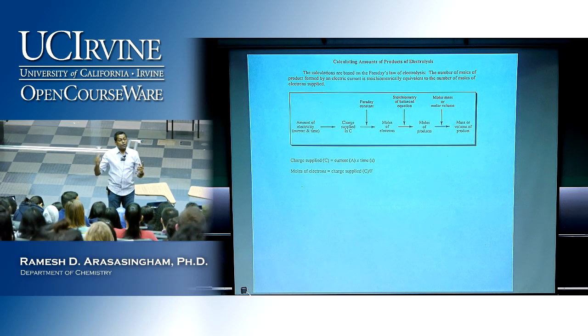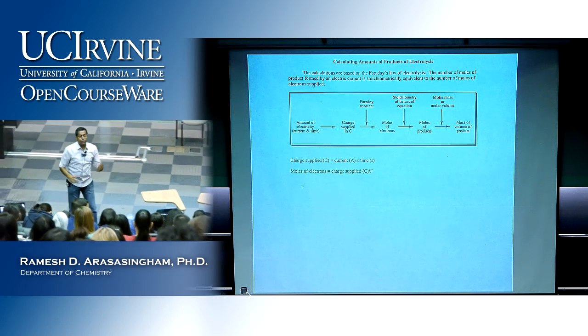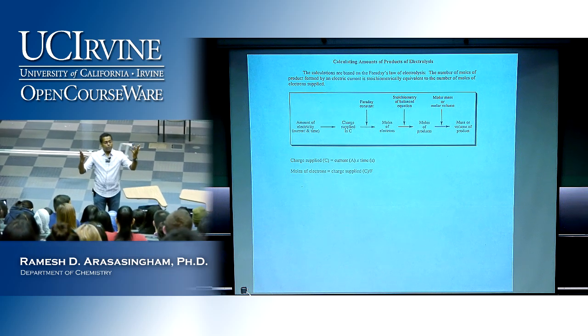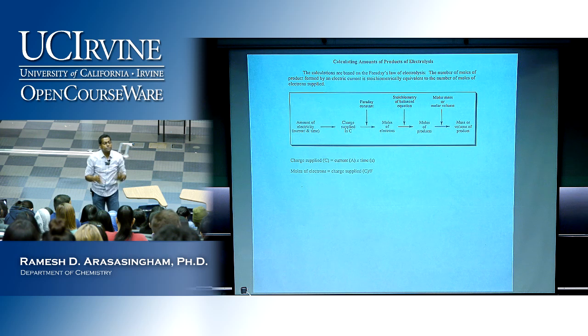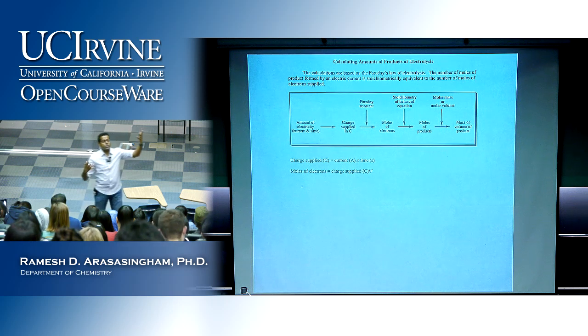Now Faraday's constant gives us the charge per 1 mole. Can everybody see that if I know the total charge and I know the charge per mole, if I divide the total charge by the charge per mole, I end up with the number of moles? It's like dividing mass by molar mass, which is grams per mole. Here, instead of mass and molar mass, we have charge and charge per mole.